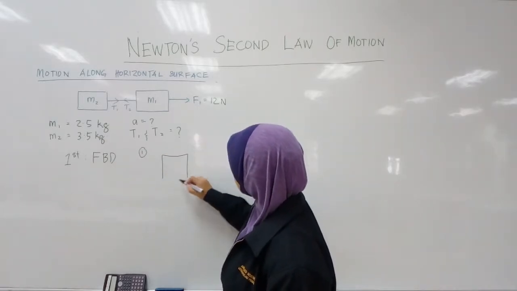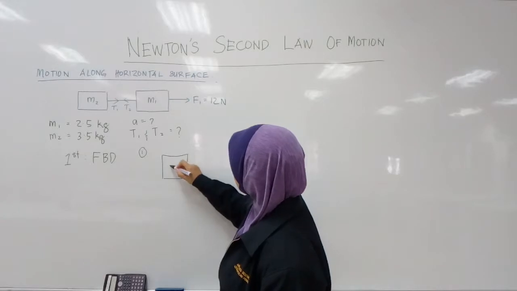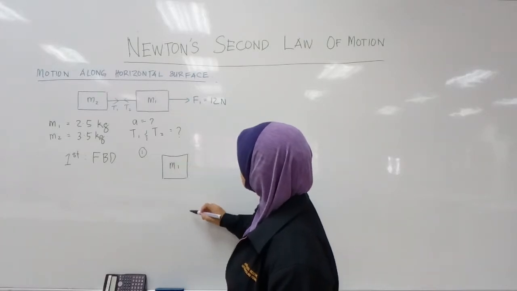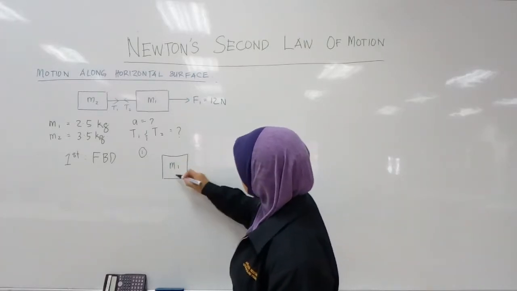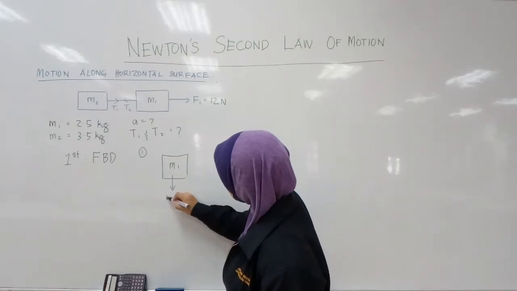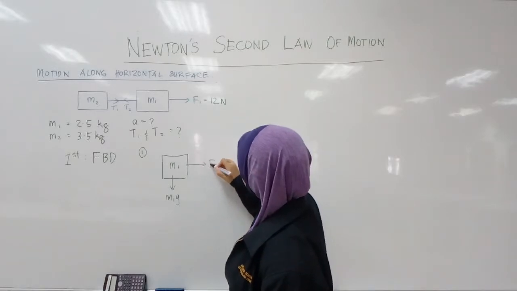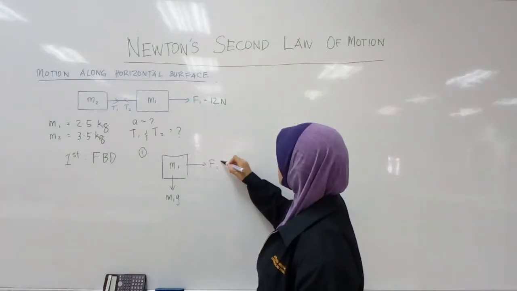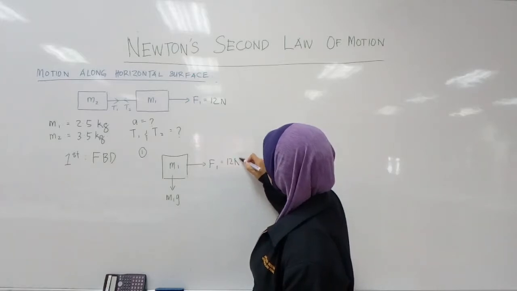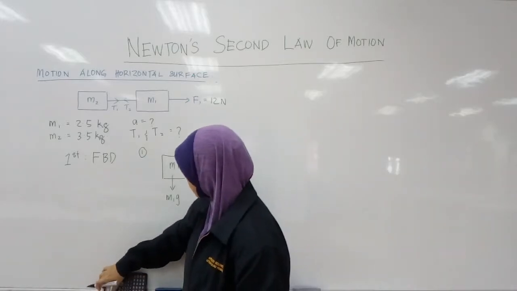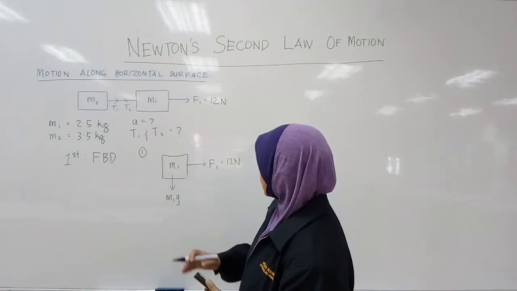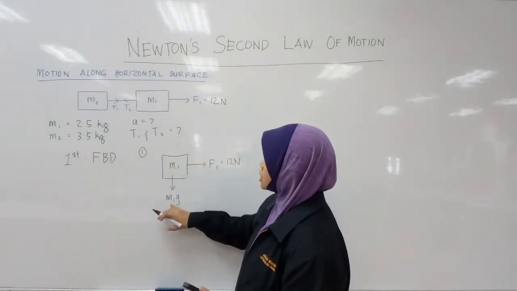For example, this is M1. So here is M1g. Here is F1, where the value is 12 Newton. Alright, what is the value of M1g?